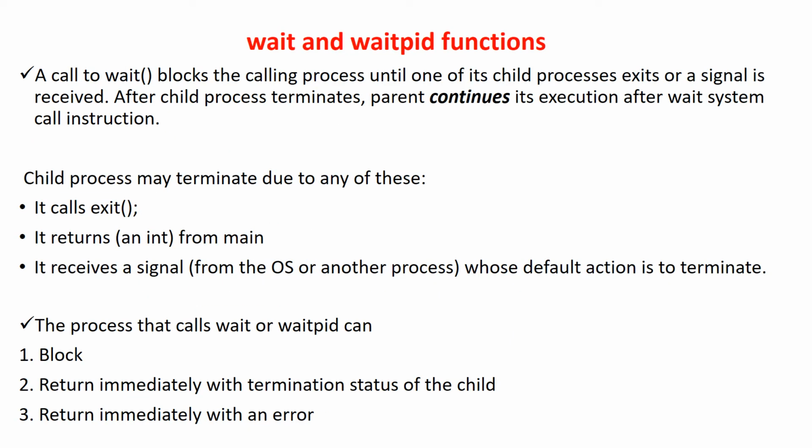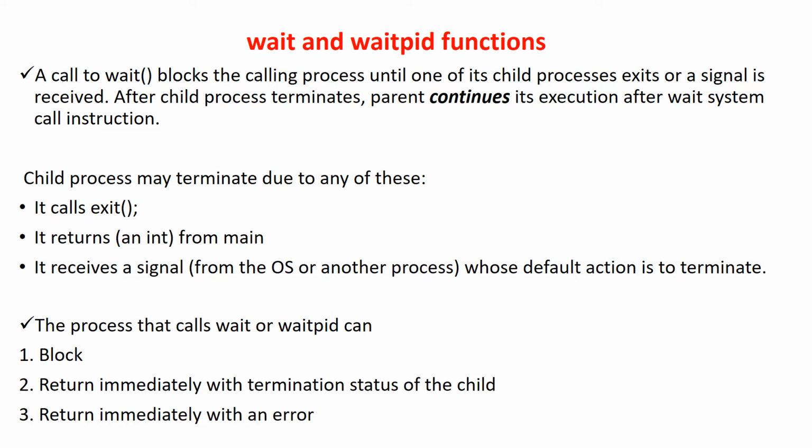Here we discuss the wait and waitpid functions. These two functions perform operations like this: a call to wait blocks the calling parent until one of its child processes exits or a signal is received.